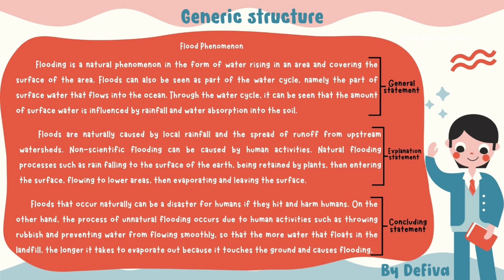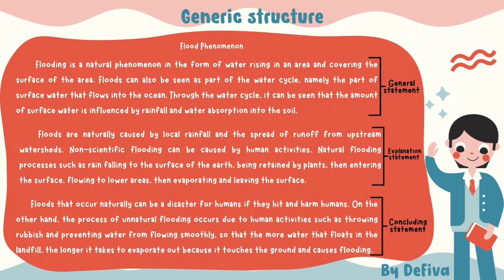Okay, so that's an explanatory text about the flood phenomenon. And now I will explain the generic structure of this text. The generic structure of an explanation text has three elements, which include the general statement, explanation statement, and concluding statement. The first paragraph is a general statement because it contains a general explanation of an existing event or phenomenon.